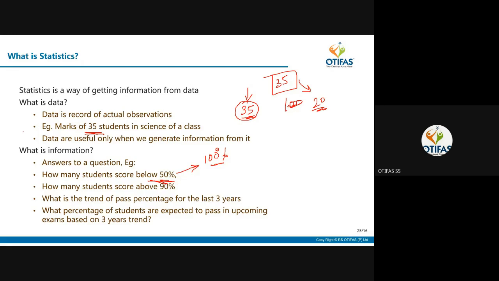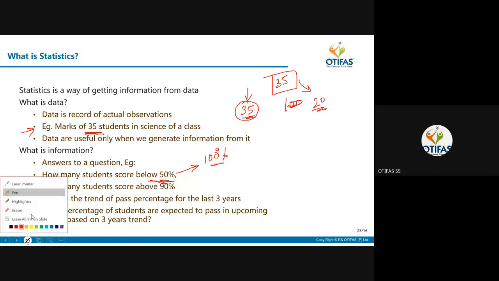From this data, I will get a 100% correct answer. This is actual data only, 35 students' data, and I want to know out of 35 students, how many score below 50%. So it will be 100% correct data, isn't it?